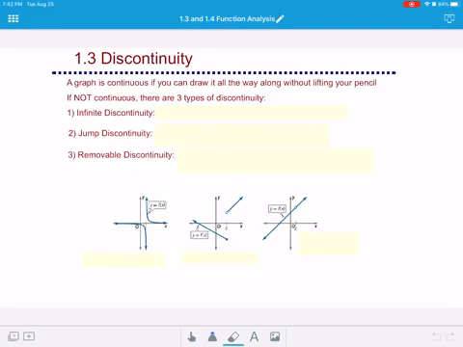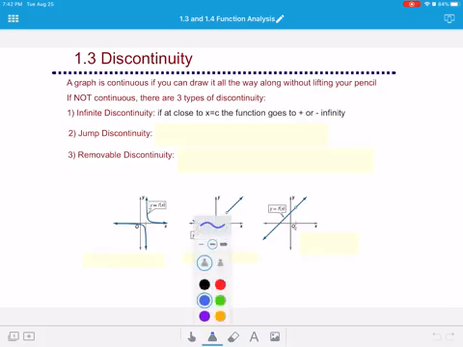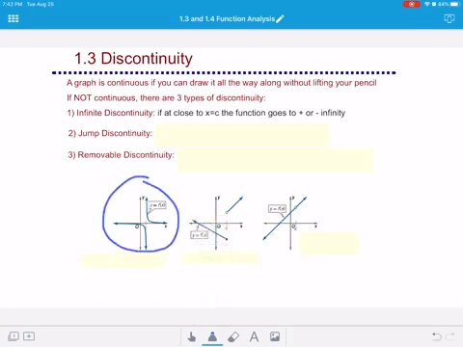An infinite discontinuity happens if, close to a value of x, it could be any value, x equals c, some number, the function goes off to plus or minus infinity. This one here is an example of that, where here's your x equals c, and at this point you can see the graph has a vertical asymptote.